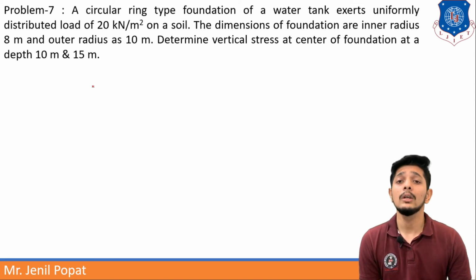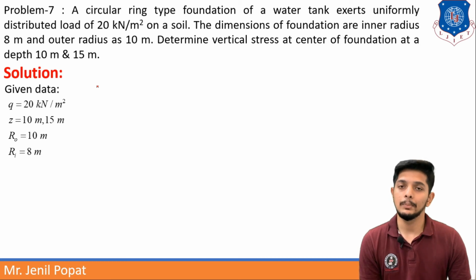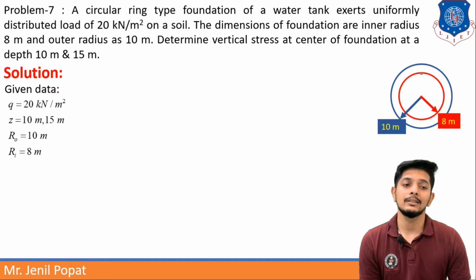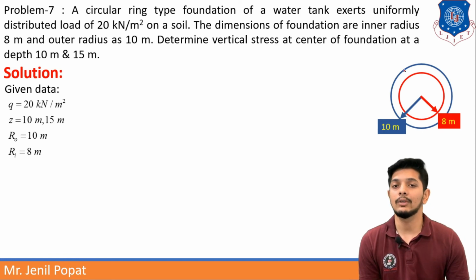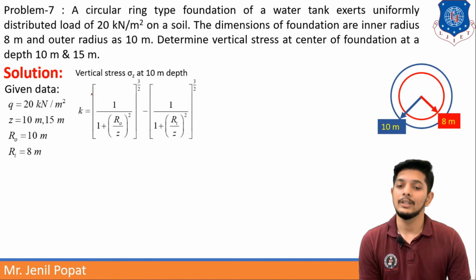So we have to put ring foundation formula which we have used in the previous problem but with two changes. So given data is given as small q this, Z is equal to 10 and 15, RO and RI as this. Again this is a case of inner diameter and outer diameter. Let us put the formula as we have discussed.